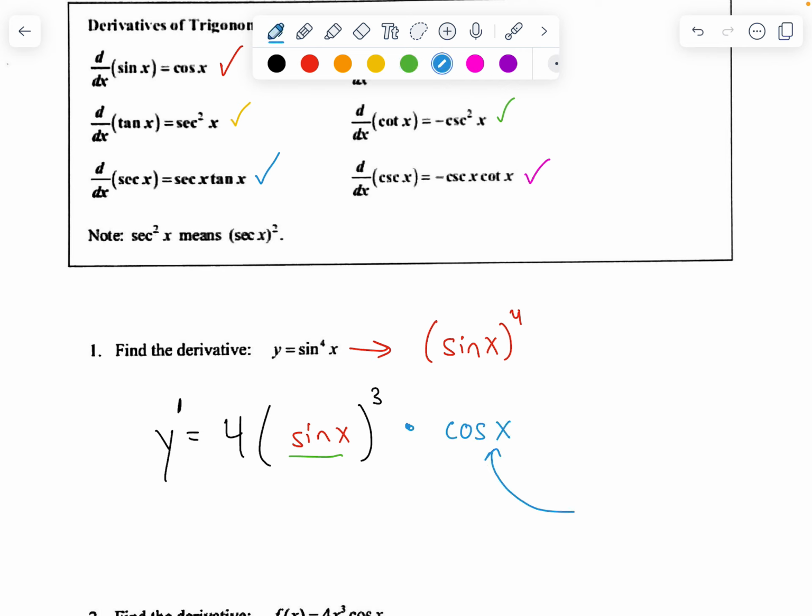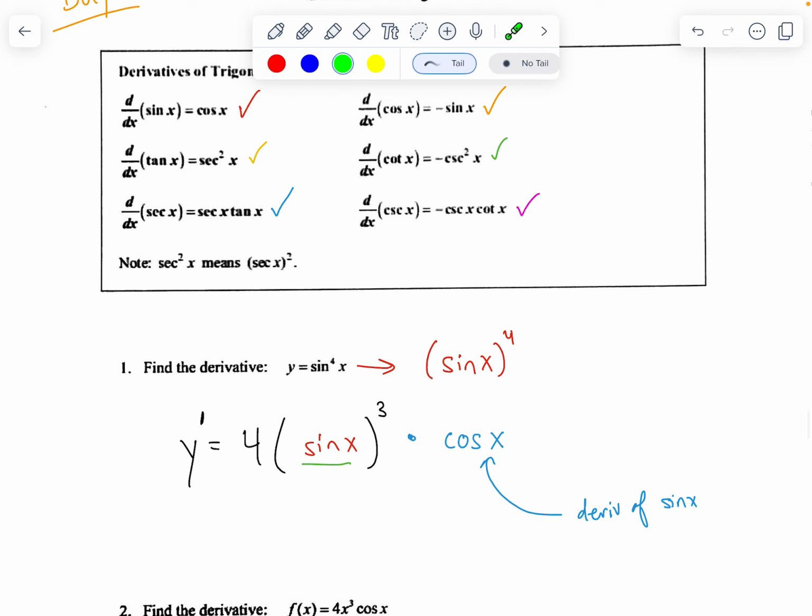We know this because this is the derivative of sine of x that we see up top. The derivative of sine is cosine. There's your final answer. So the chain rule, again, is the derivative of the outside times the derivative of the inside.